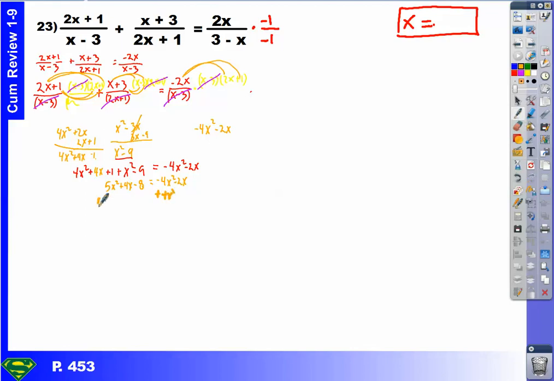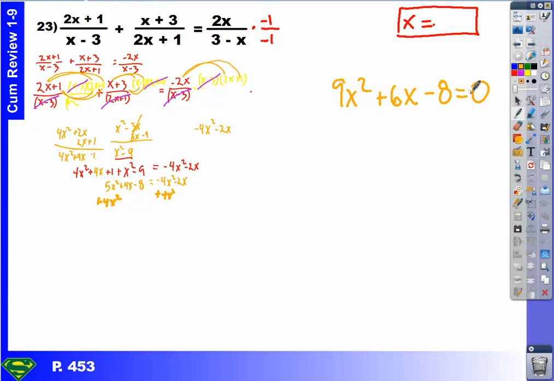So I'm going to end up with 9x squared. Great. What am I going to do to move that negative 2x over? Add 2x. So 4x plus 2x is 6x. And then I just have that negative 8 hanging out. And that's equal to 0.